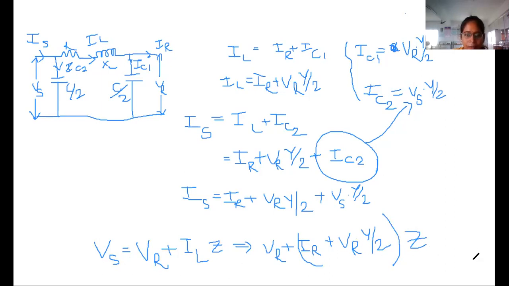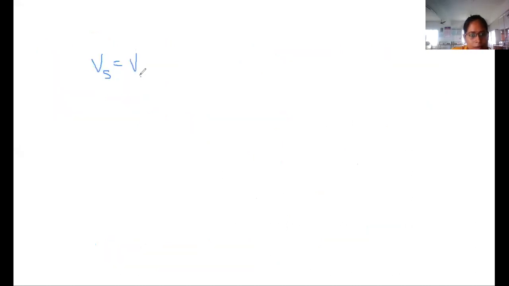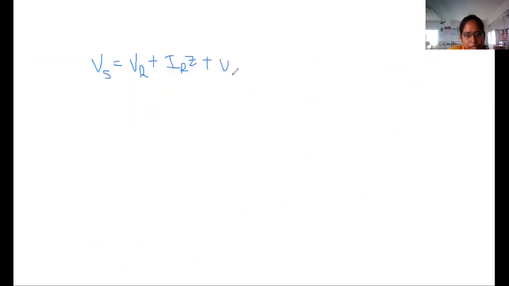So Vs equal to VR plus IR into Z plus VR into ZY by 2, since Z can be multiplied.